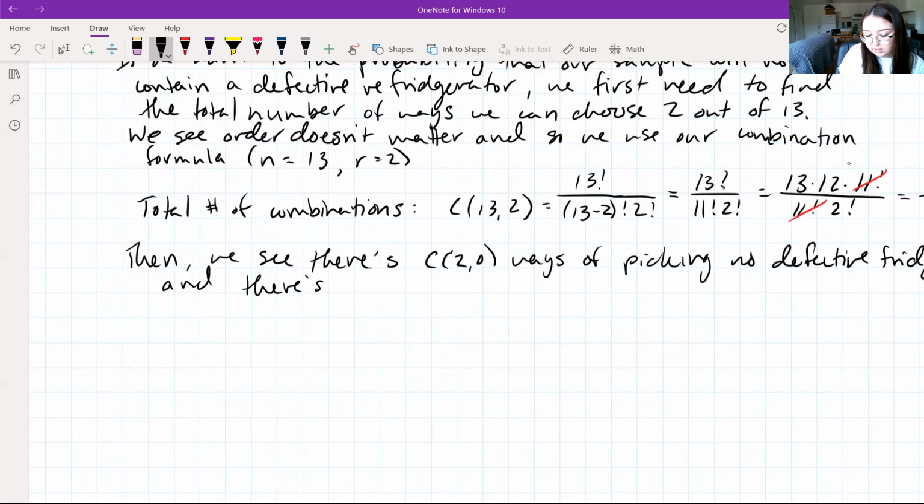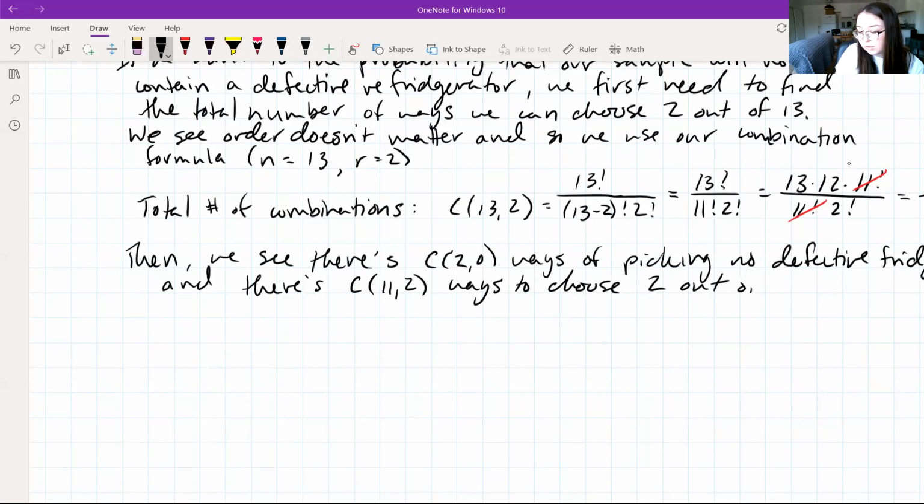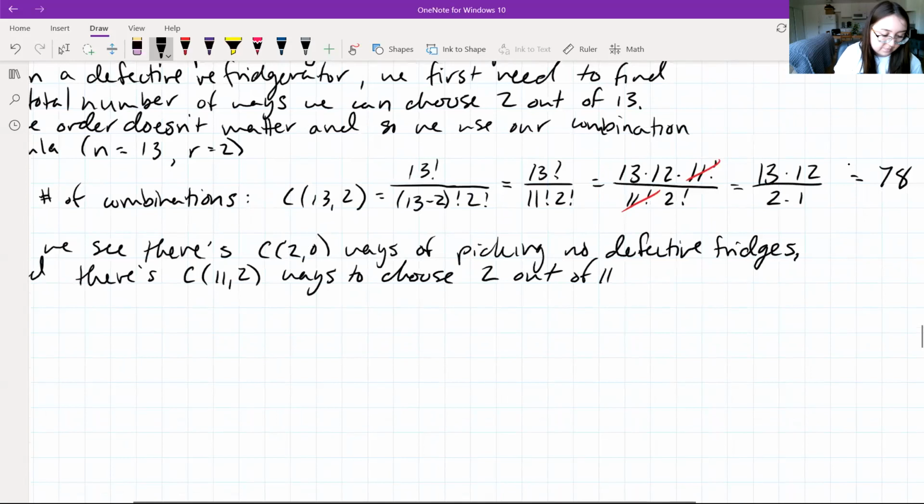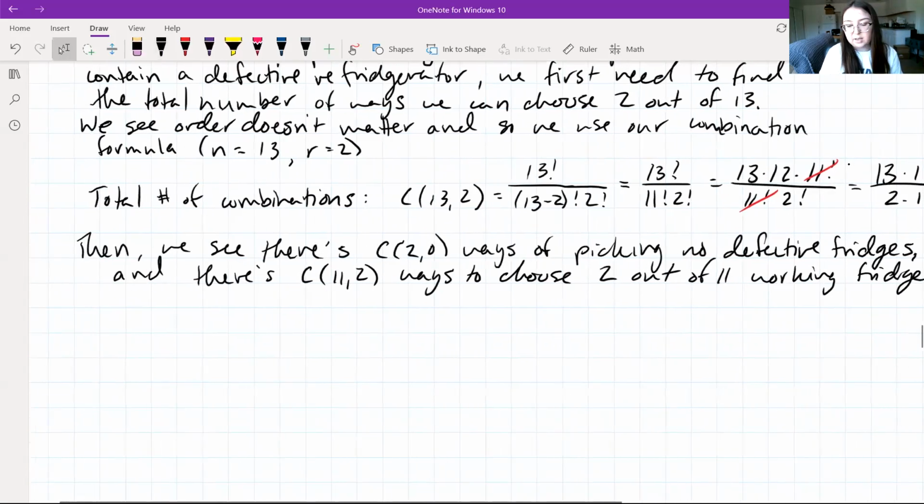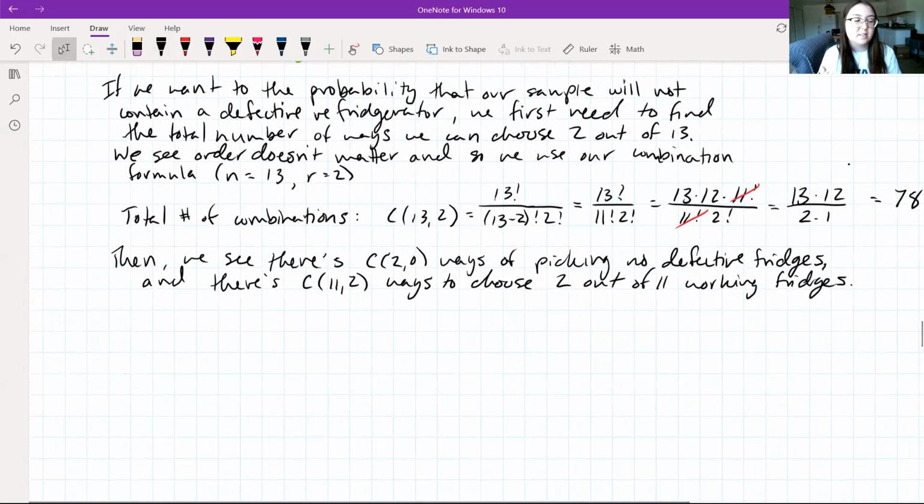And there's C of 11, 2 ways to choose the 2 out of 11 working fridges. So we have our formulas for the 2 different ways that we can pick fridges.